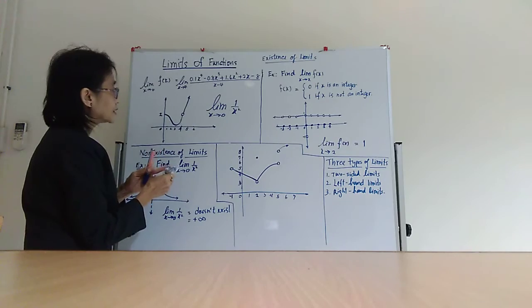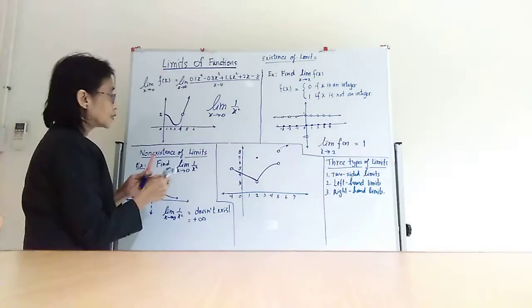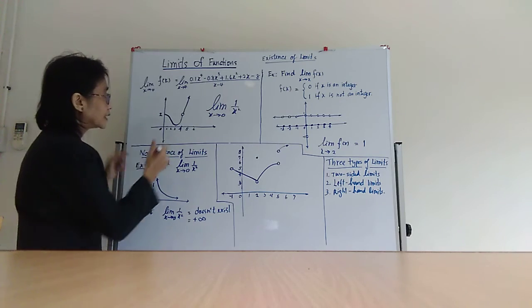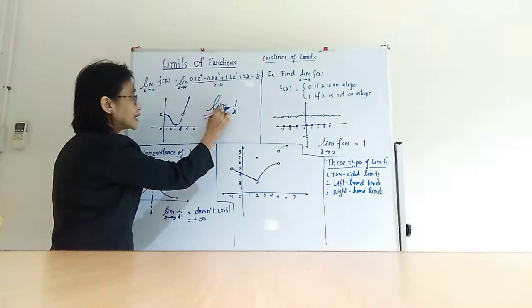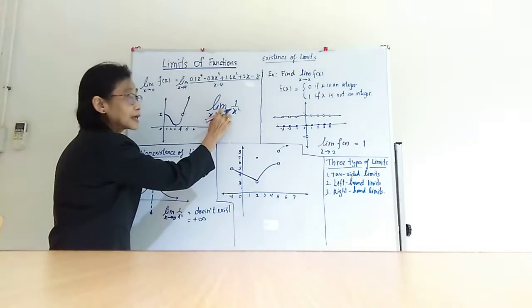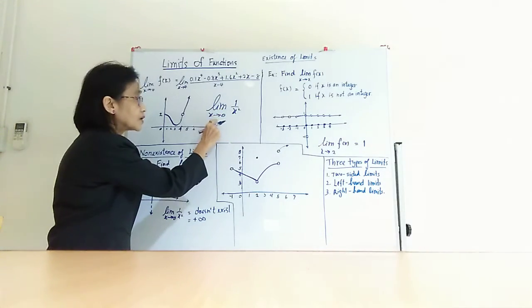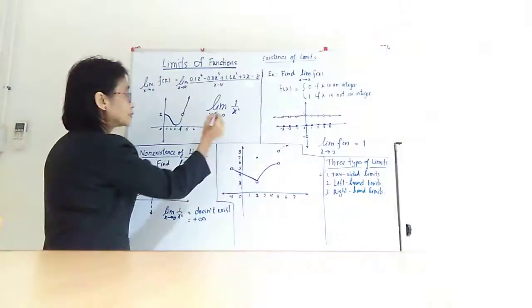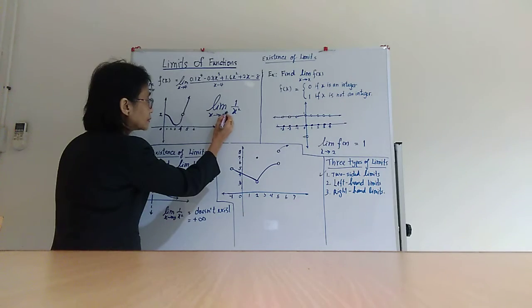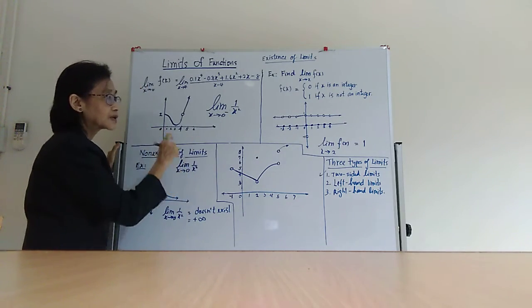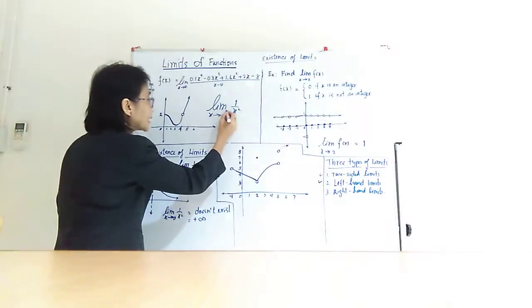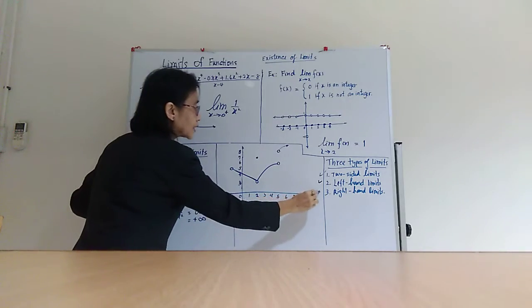If we take the limit of 1 over x squared when x approaches closer to 0, and we write it this way, with 0 here without a plus or minus sign, this is called a two-sided limit. But when you have a sign, for example a minus sign on the top, this one we call the left-hand side limit.